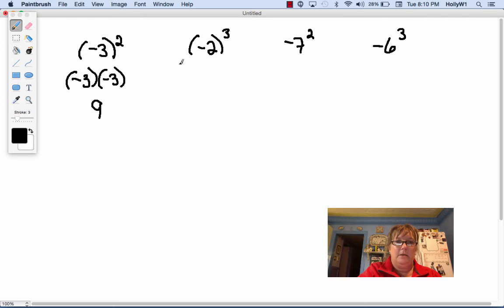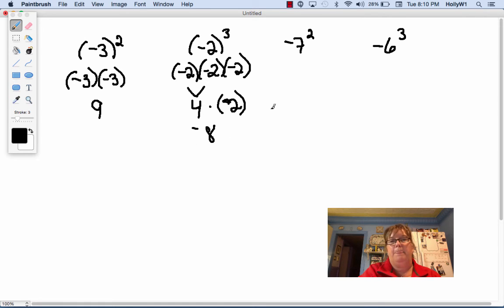In this case, again, it is in parentheses, so negative 2 three times, because it's negative 2 cubed. Showing our work, negative 2 times another negative 2 is 4, times, bring down this third negative 2. So 4 times the negative 2 is 8, and it's negative times a positive, so that is negative.